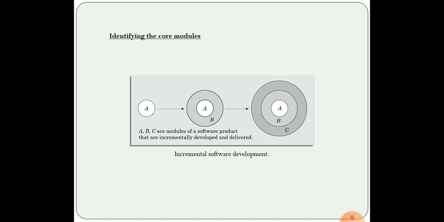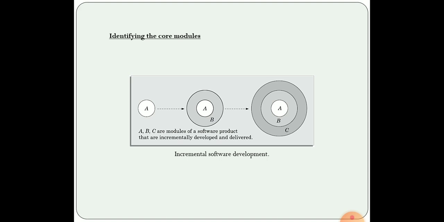Here in the figure, A, B, C are modules of a software product that are incrementally developed and delivered. So, we identify the core modules and develop them, and then other functionalities are incrementally developed and delivered to the customer.